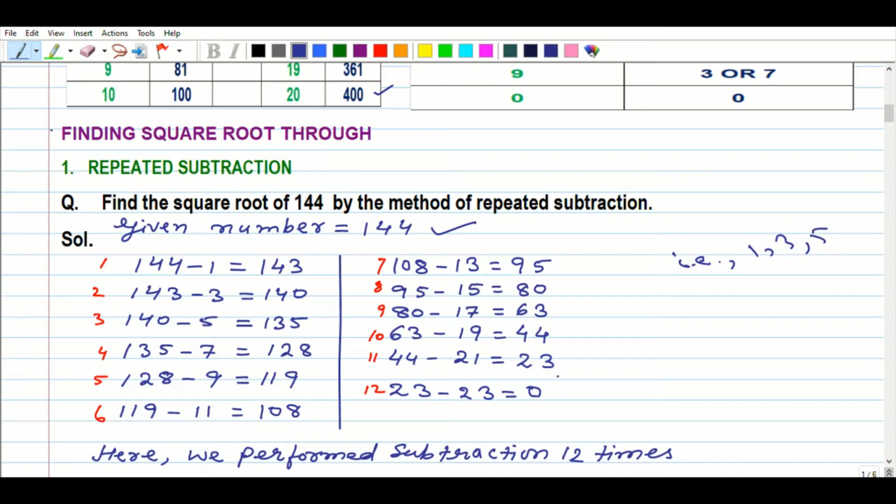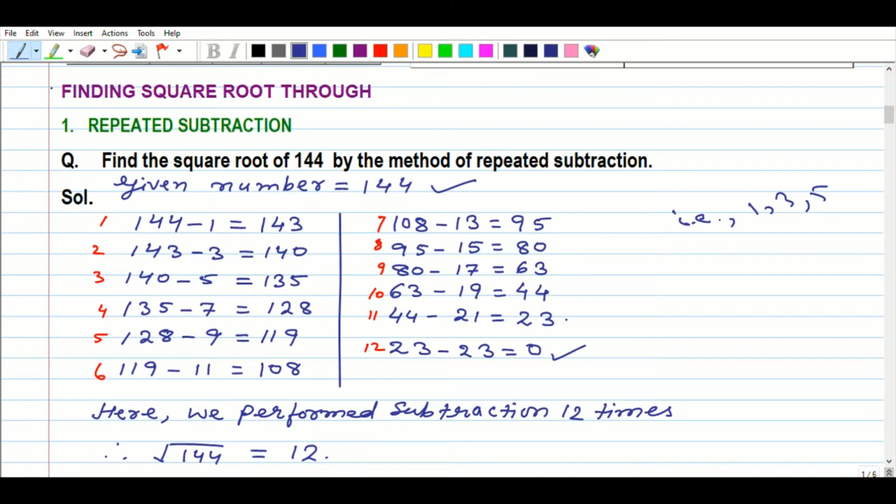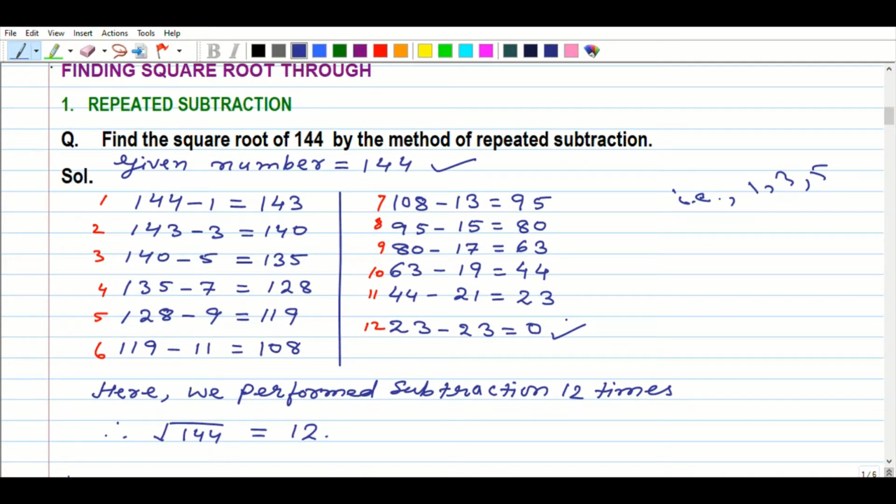The main point is that we continue until we reach 0. Then we count the steps. Here we perform subtraction 12 times. So the square root of 144 equals 12, right?